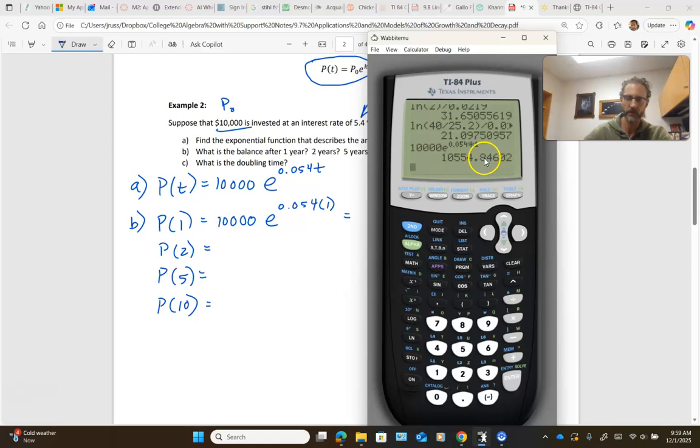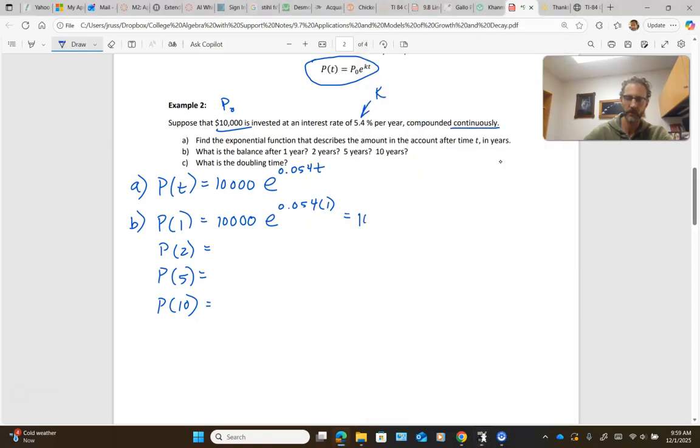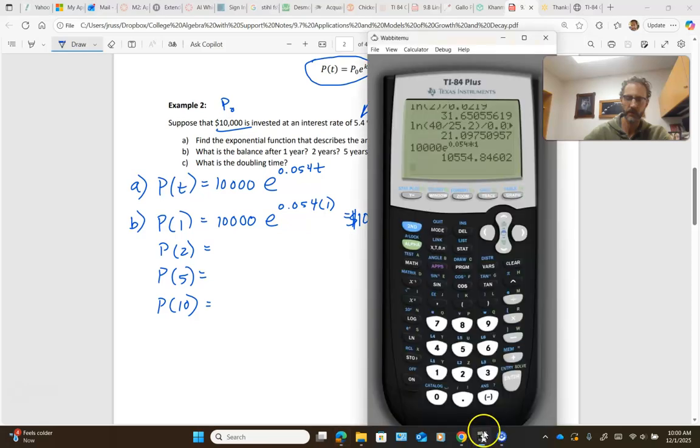So this will become $10,554.85. Let me put a dollar sign there. And for the rest of these, I'm just going to use my calculator.